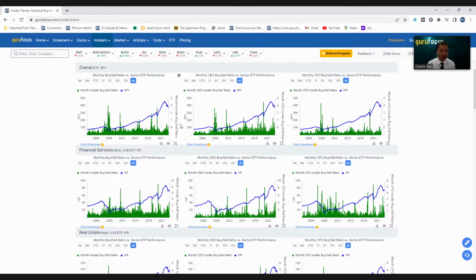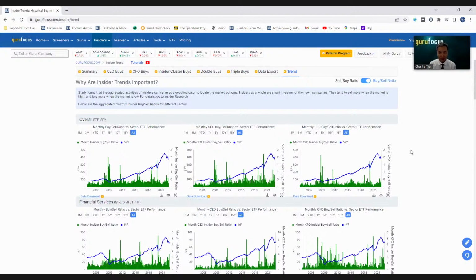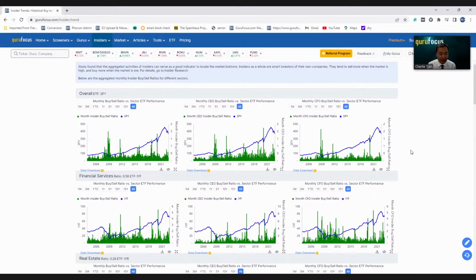If you look at this chart, under the insider trend, the blue line again is the S&P 500. The green bars are the insider buy-sell ratio of all the companies. And when this bar is high, it's always a good time to buy.